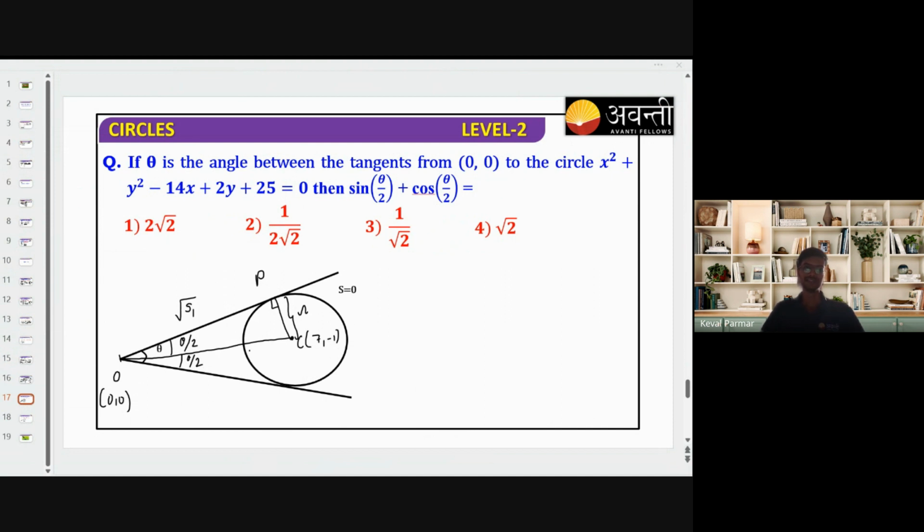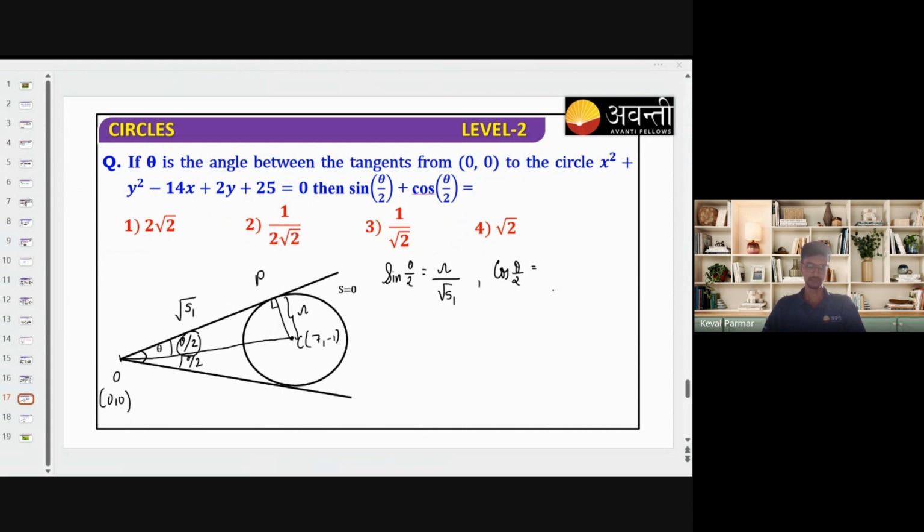Correct, guys? We want sine theta by 2 and cos theta by 2. So you can see OPC is a right angle triangle. In a right angle triangle, this is the angle theta by 2. Sine theta by 2 will be opposite, which is radius, upon hypotenuse, and cos theta by 2 will be adjacent.